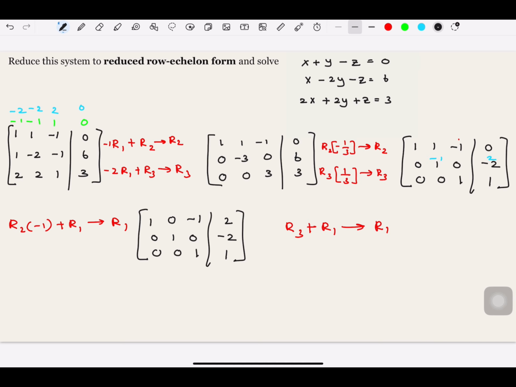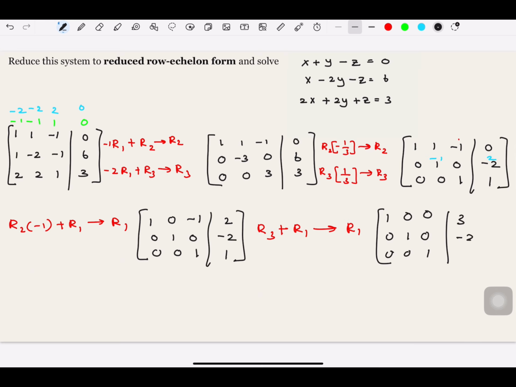Now let's do the next operation, which is this. You have to add the two rows together. If you add these two numbers, it's a 1 and 0, 0, a 0, and then -1, +1, a 0, 0, 1, 0, 0, 0, 1, and this is going to be a 3.